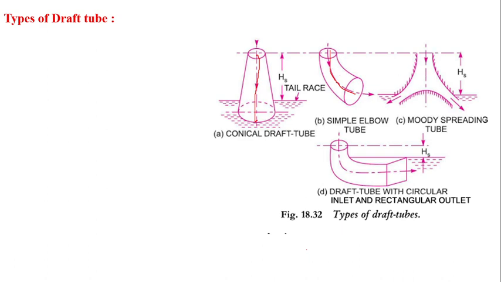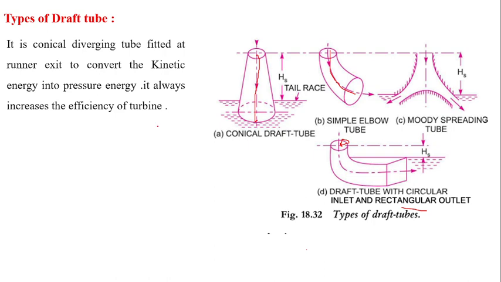There are 4 types of draft tubes: conical draft tube, simple elbow tube, moody spreading tube, and draft tube with circular inlet and rectangular outlet. A conical divergence tube is fitted at the runner exit to convert kinetic energy into pressure energy. It always increases the efficiency of the turbine.